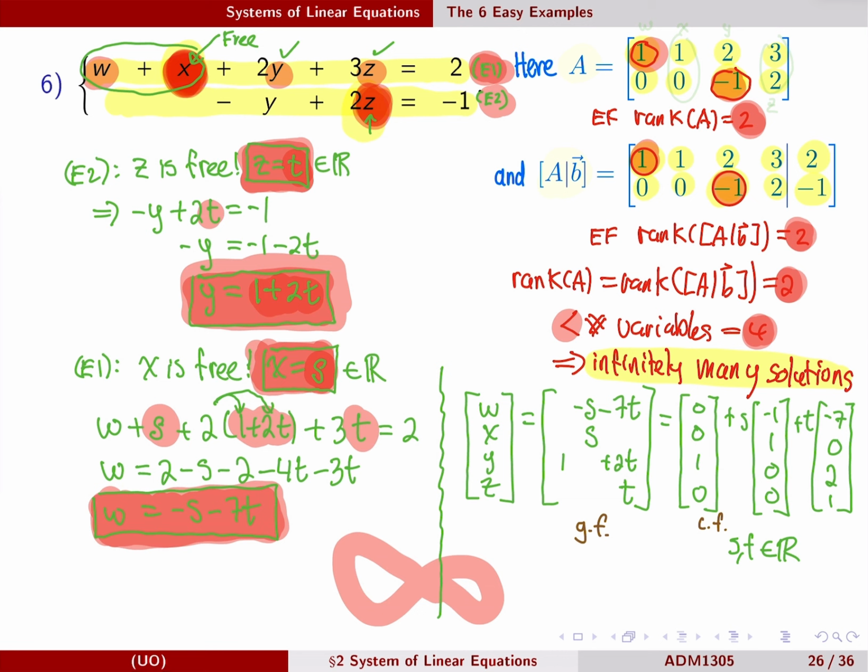What I mean by this is that the first column here is w, the second is for x, the third one is for y, and the last one is for z.